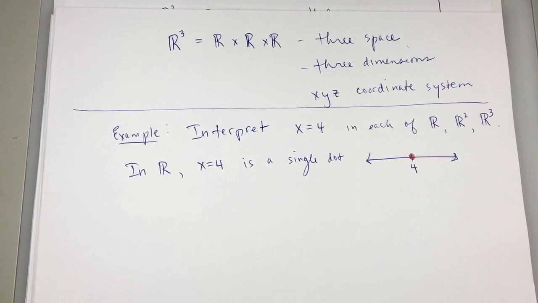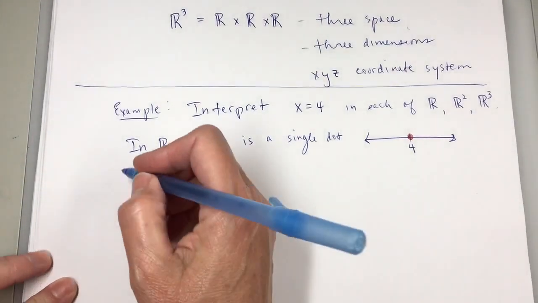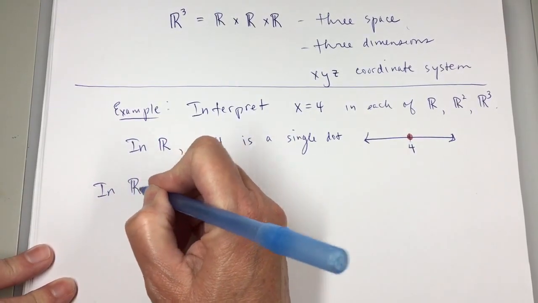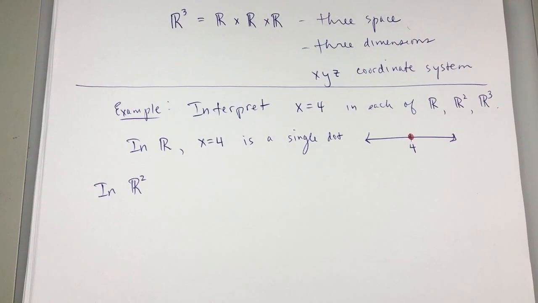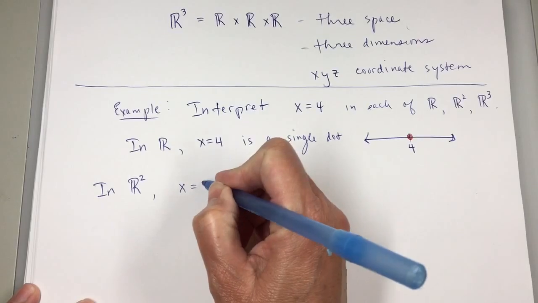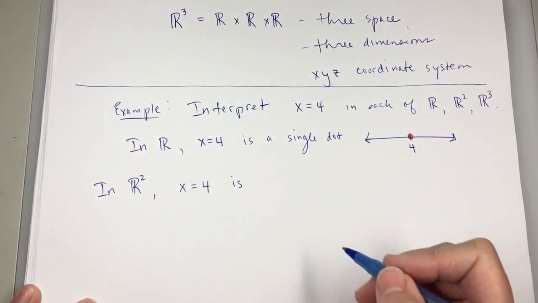And so then, this takes me to an algebra class where we were doing 2-space. And so maybe the question in 2-space was graph x equals 4. So in R squared, x equals 4 is, what is it?